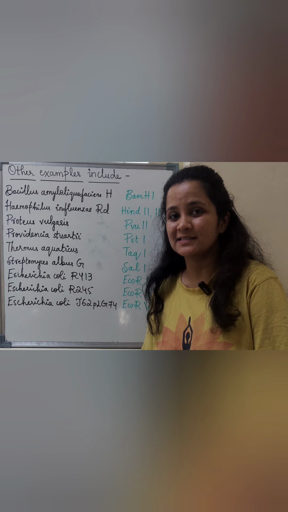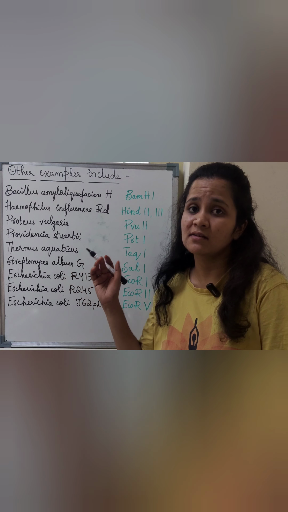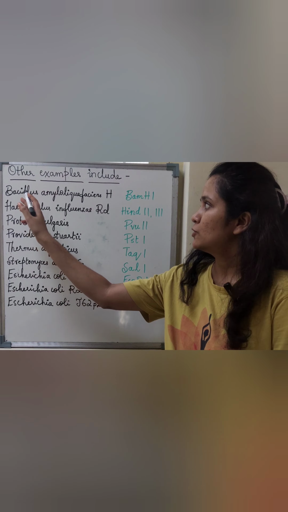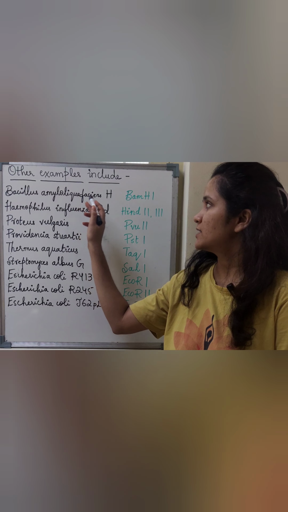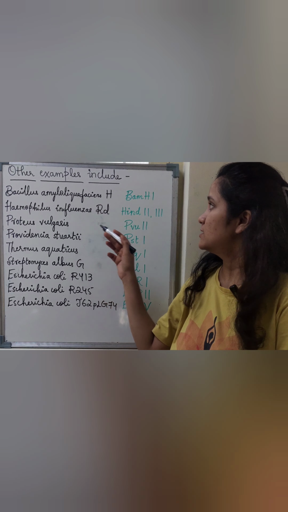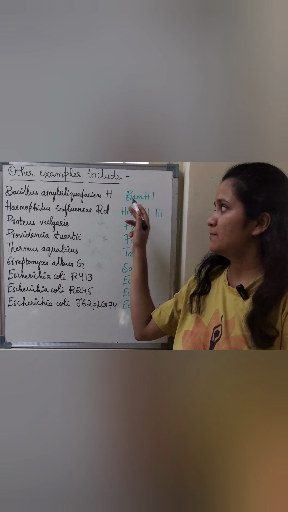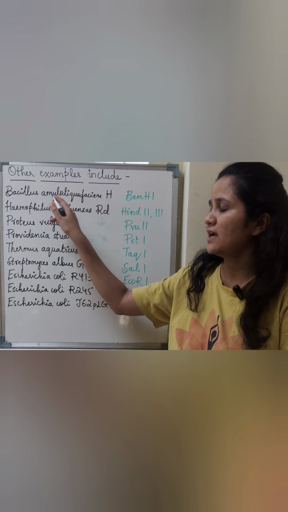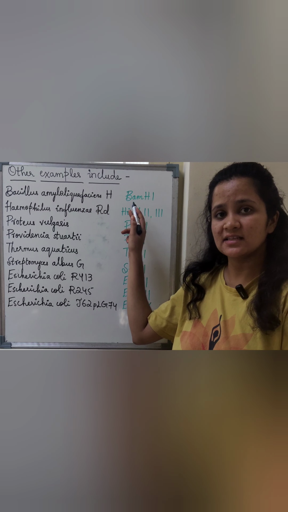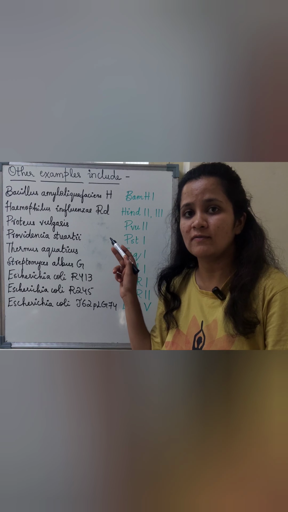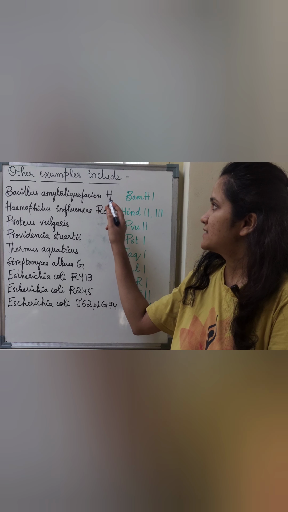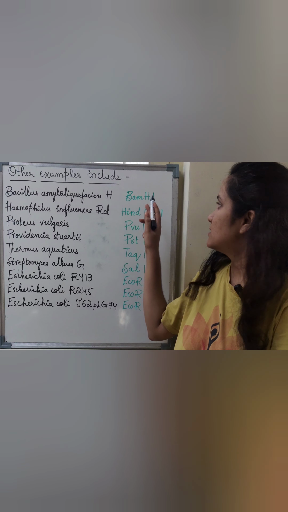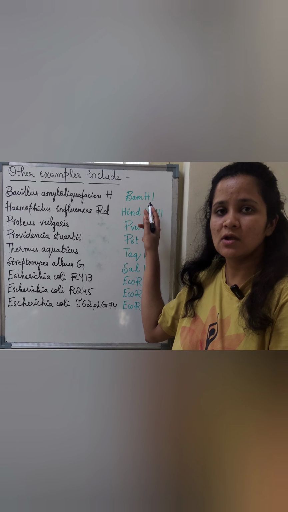For your better understanding, I will tell you some other examples too. Bacillus amyloliquefaciens H. How will you write this? BAM, B, A and M, which is written in italics. The first three letters should always be in italics. Then its strain H you will write, then the order in which it was obtained.